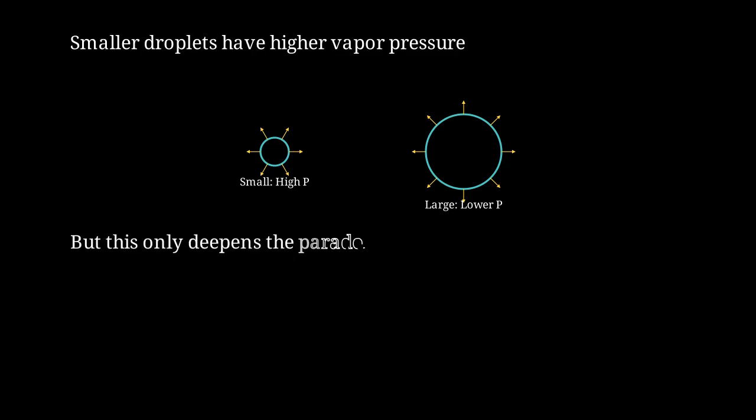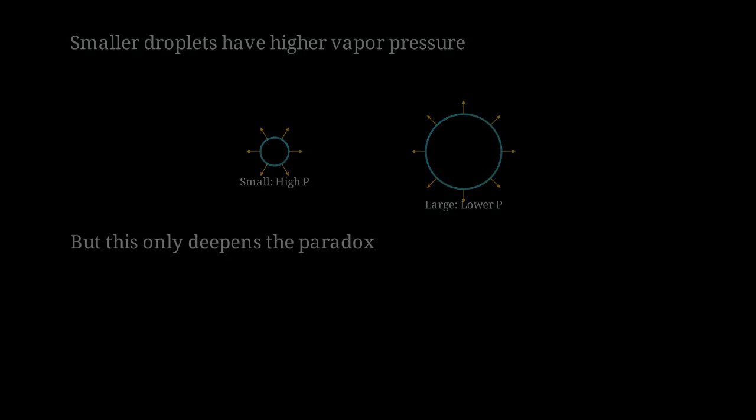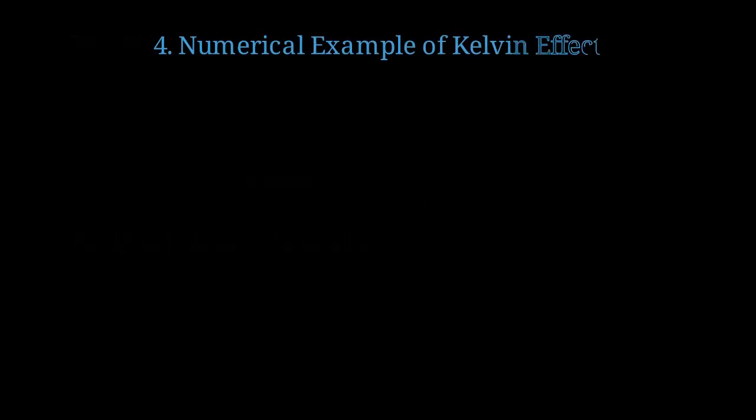But wait, this makes the paradox even more puzzling. If small droplets have higher vapor pressure, why do they stop evaporating? Let's calculate actual numbers to see how strong this effect is. Consider a nanodroplet with radius 10 nanometers, or 10 to the negative 8 meters.